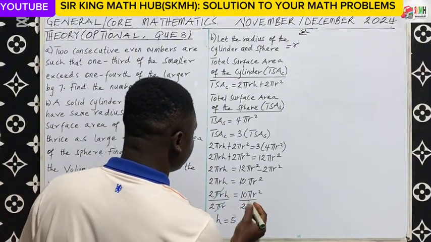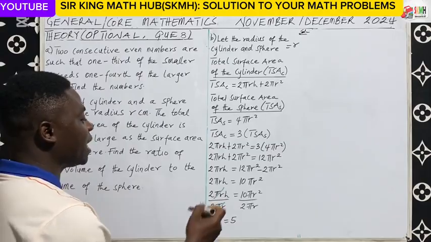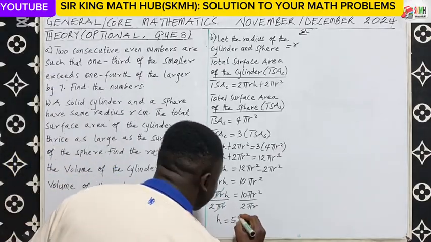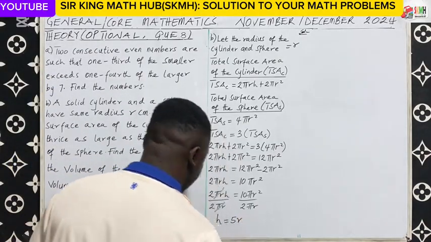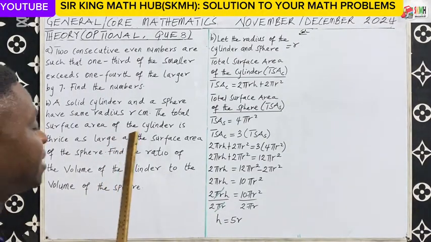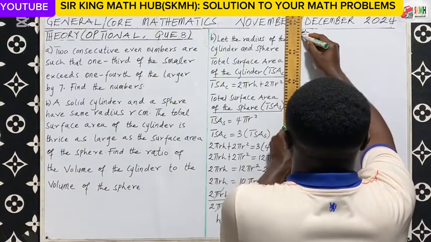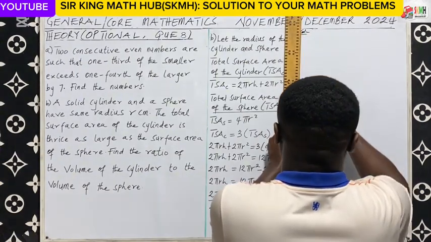And again, pi will cancel out, leaving r squared divided by r. And that should also give us r. So meaning that the height of the cylinder is 5 times the radius of the cylinder.